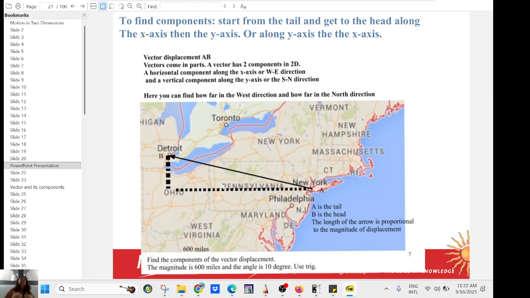But at the same time you are going north, so that will be called the y component. How far did you go up, or north, in that case? Okay, so vectors come in components and each component has a special meaning. To find the components, we have to use trigonometry.